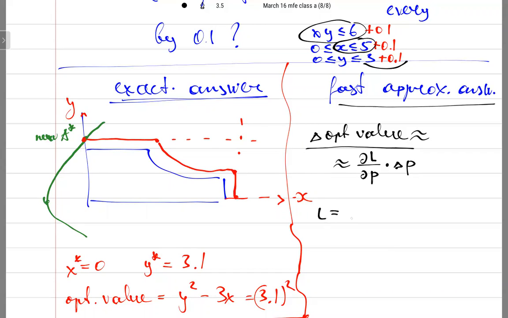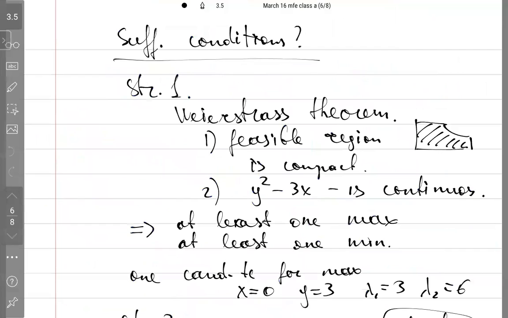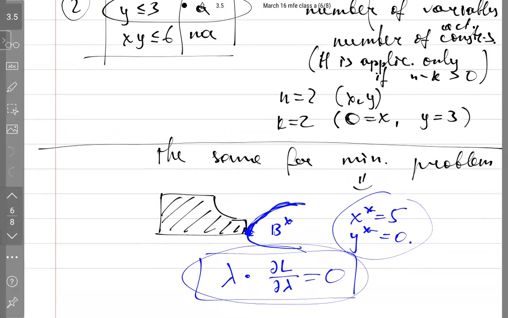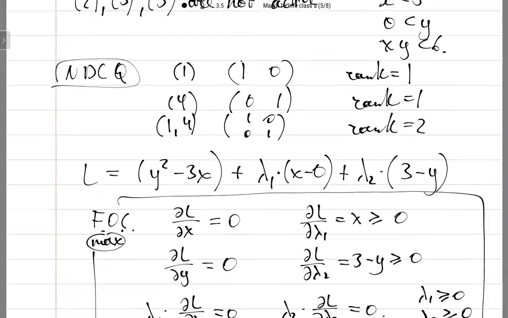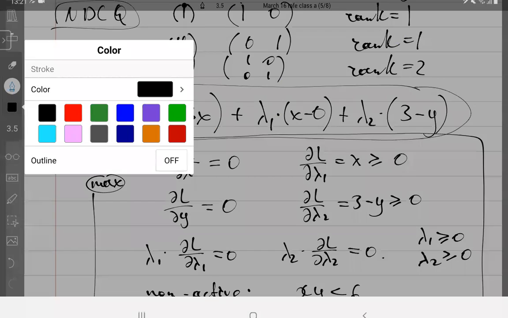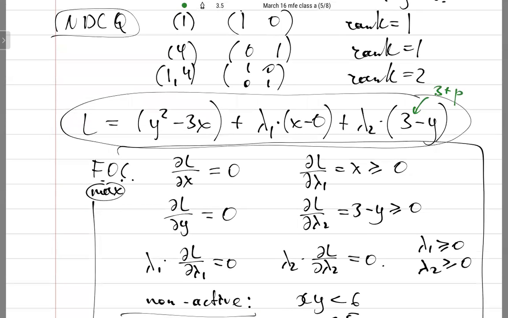My Lagrangian function looks like this, so let us go back to the first one. I introduce my parameter p here. I have 3 plus p, and so dL with respect to dp is just lambda 2.